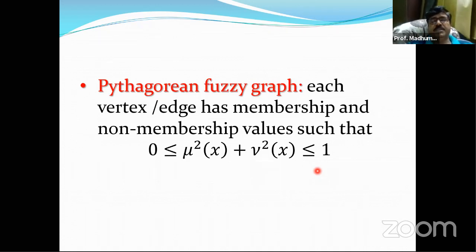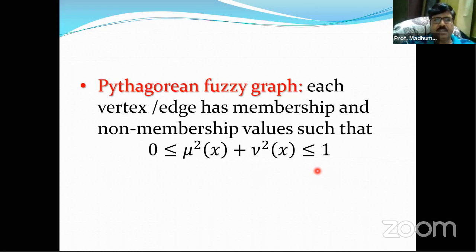Pythagorean fuzzy graph is a very big subject today. Intuitionistic fuzzy graph is a very big topic. So every particular fuzzy graph is a very big topic. A lot of people develop and write a lot of papers on each type of fuzzy graph. Okay. So these are the highlighted terms. These are the variations of fuzzy graphs I have mentioned here.